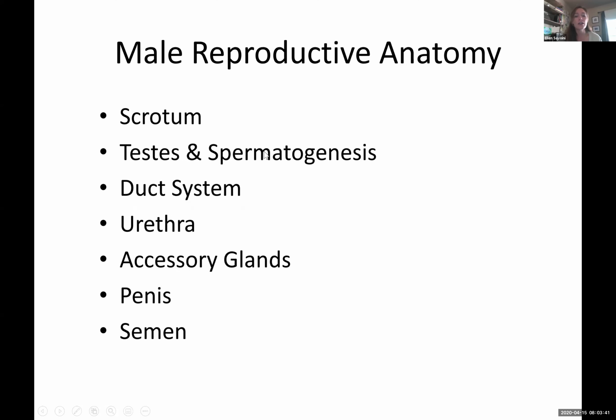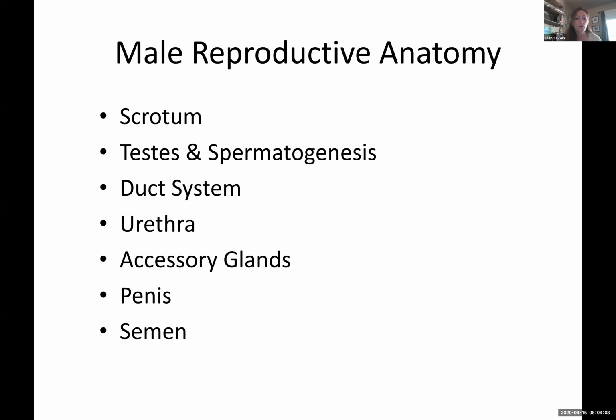So as far as the reproductive anatomy for the male, we have obviously the skin on the outside around the testes, which will be the scrotum. And it's within the testes that spermatogenesis occurs. So we're going to spend some time figuring out how sperm are actually developed. The duct system that's listed here really just means the pathway that sperm takes from where it's made in the testes all the way up into the body and then out.